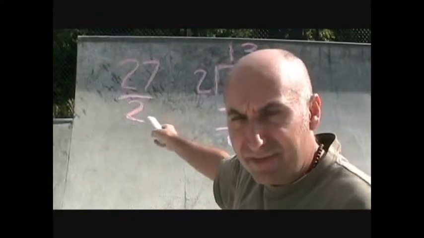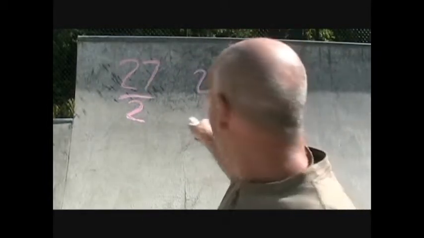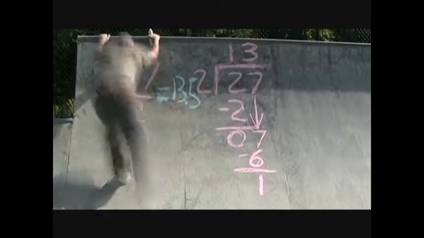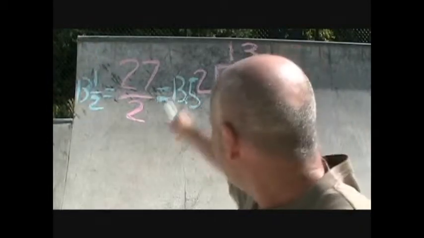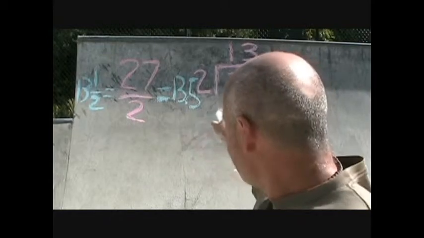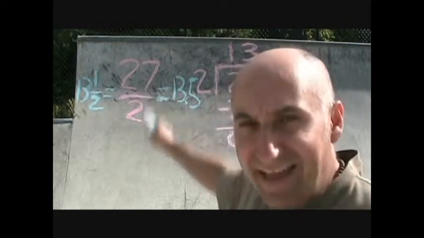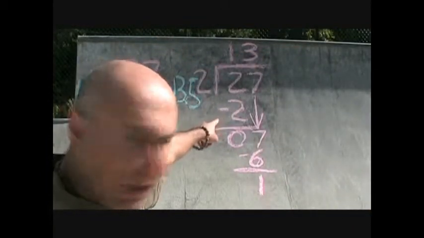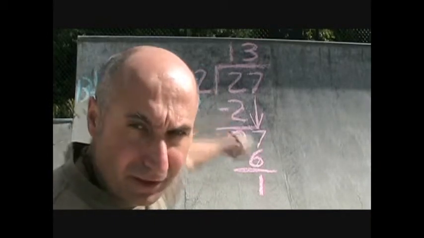Now, 27 divided by 2, you can write in multiple ways. You could say 27 divided by 2 is equal to 13.5, or 13 and a half. So you could write down 27 divided by 2 as 13.5, or as 13 and a half. 27 divided by 2 would be 13 and 1 divided by 2.